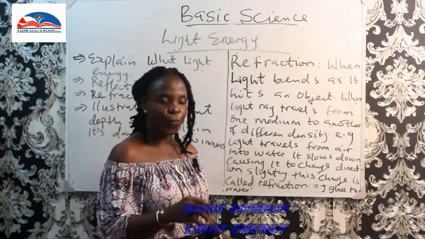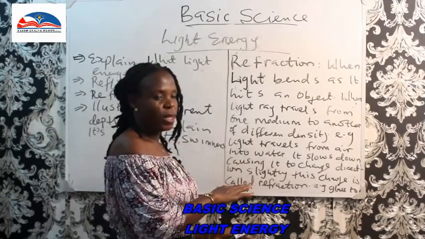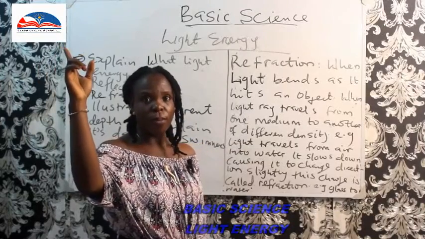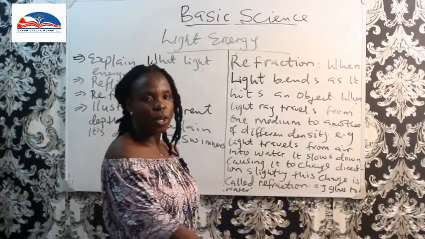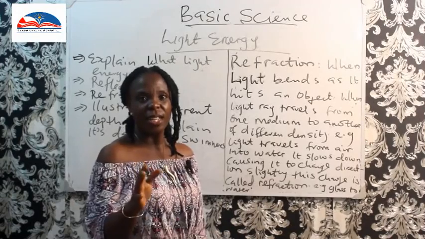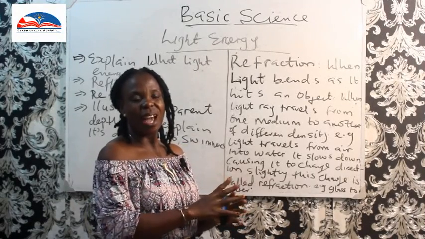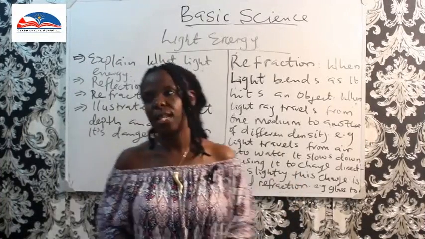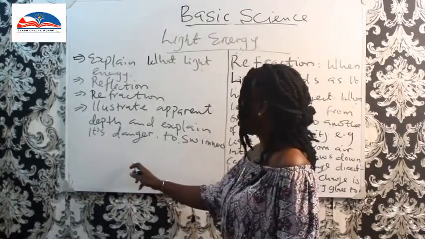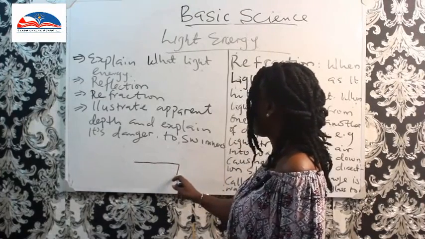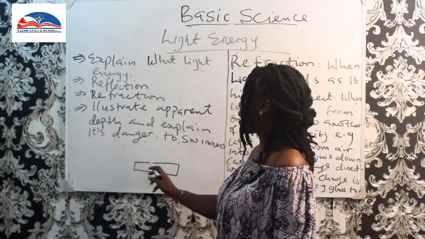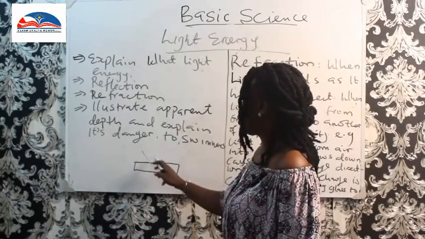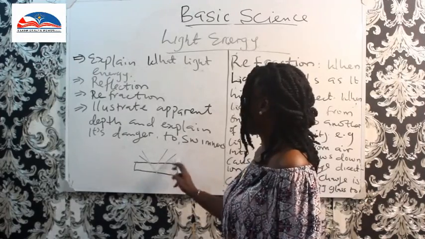For example, if you see light travel from the air down to the surface of the water, it will not look like a straight line. If this is the object and the light flashes, it's not going to stay on that straight line we said. It's going to be haphazardly reflecting.